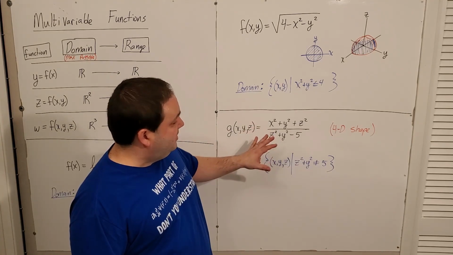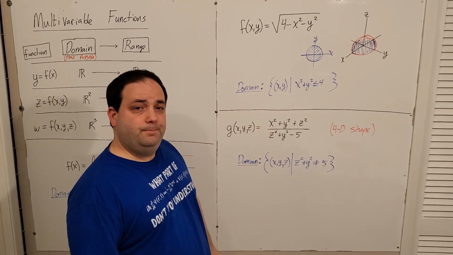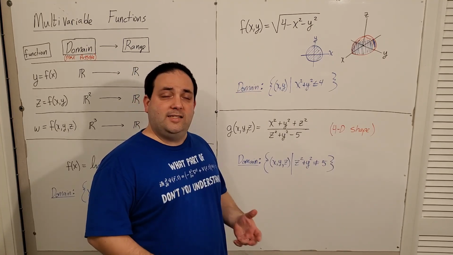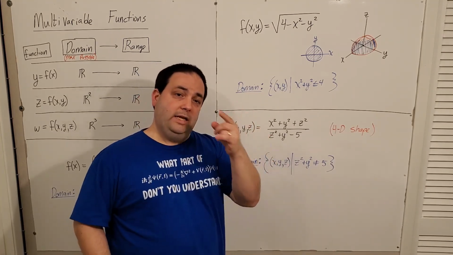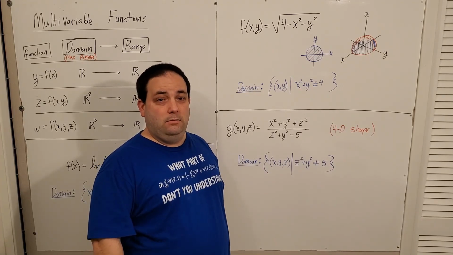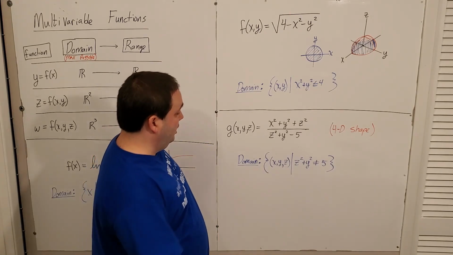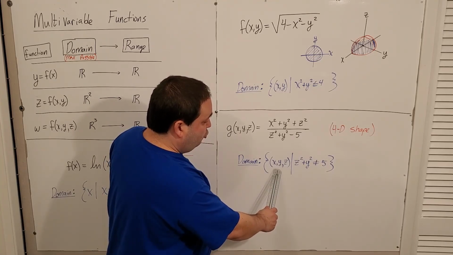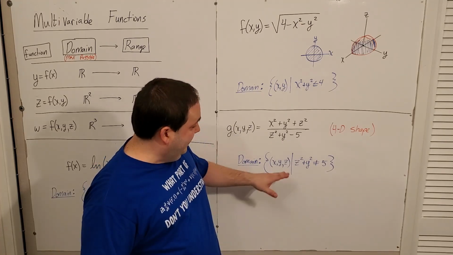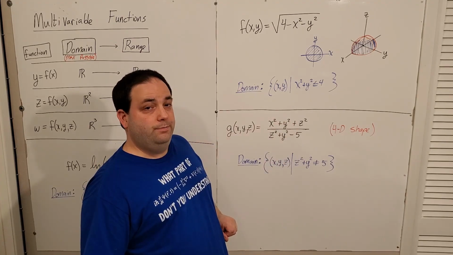But you can still treat this like a function. I can still treat this algebra-wise like something that takes in an input and gives back an output, and it can actually still have some meaning, okay? Notice the domain is an ordered triple because x, y, and z as a group is an input for this function.